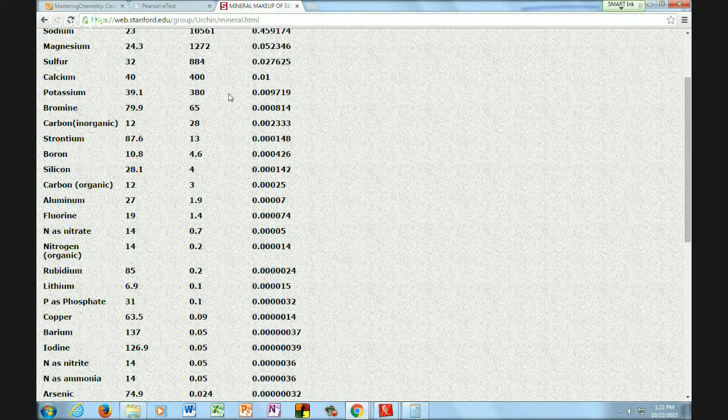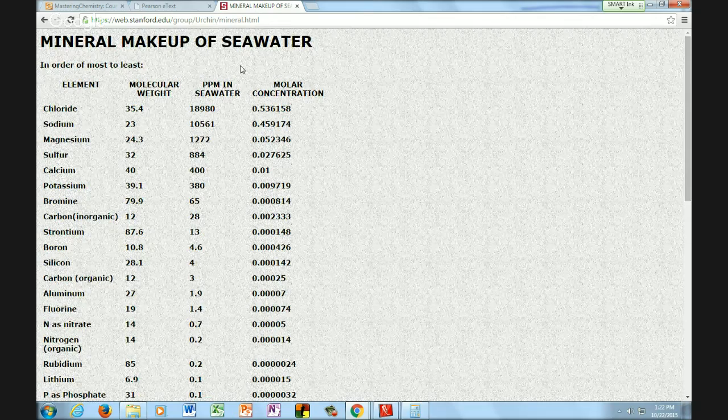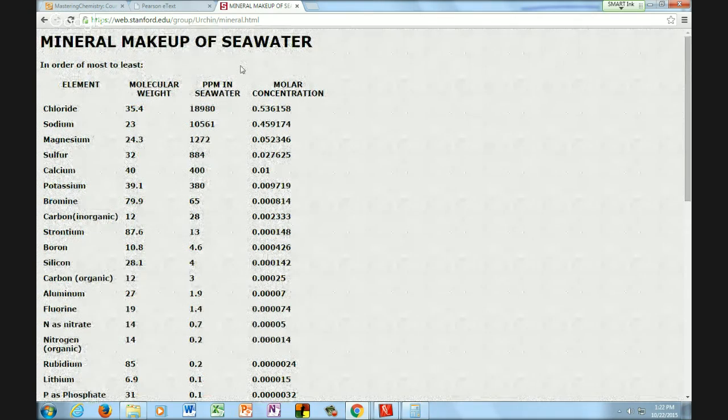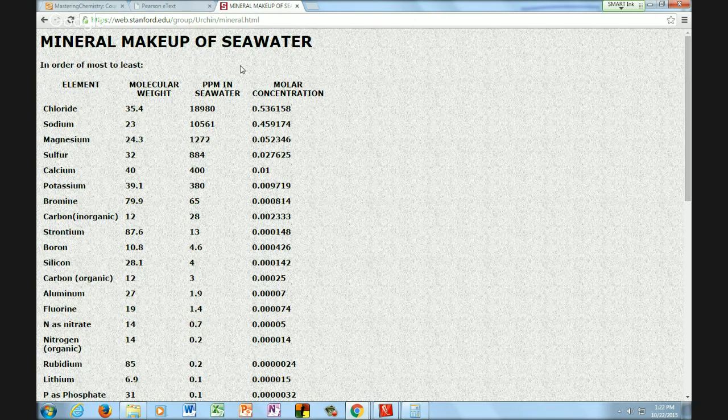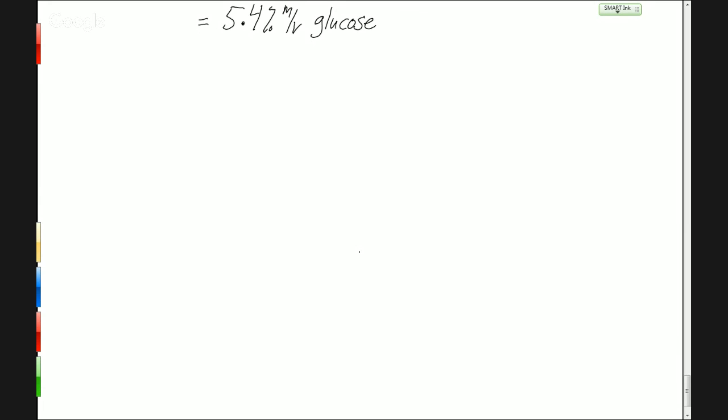That's actually true of most drinks too, things like Coke. We could probably calculate this. Let's try it. So a can of Coke, what do you think is going to be the major solute in Coke? Sugar, probably, right? So we'll start with that one. My Coke can here has 39 grams of sugar, and we'll assume that's sucrose.